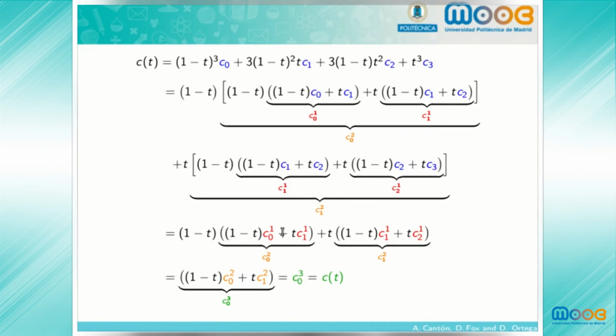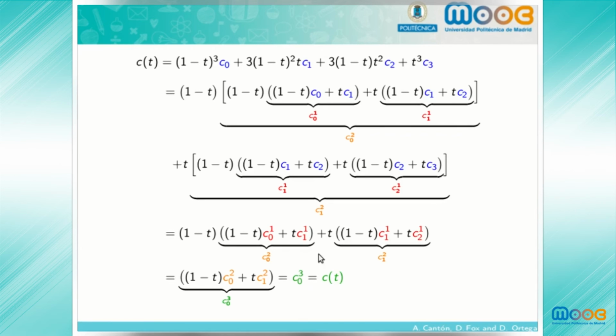And now this point is a point on the line segment defined by C01, C11 at ratio t, 1 minus t, which is the first point of the second iteration of the Casteljau algorithm. This point here is a point on the line segment between C11 and C21 in the ratio given by t, 1 minus t. And this is the second point in the second iteration.